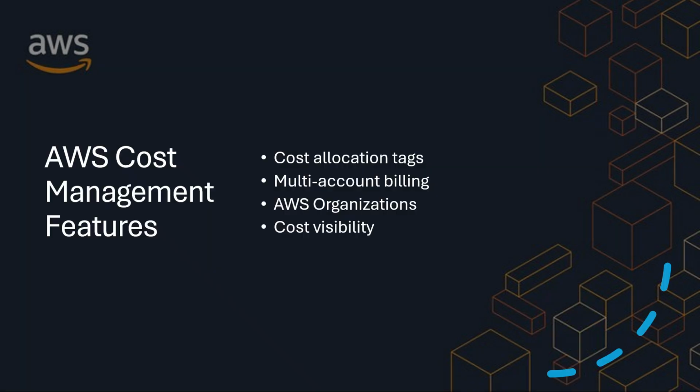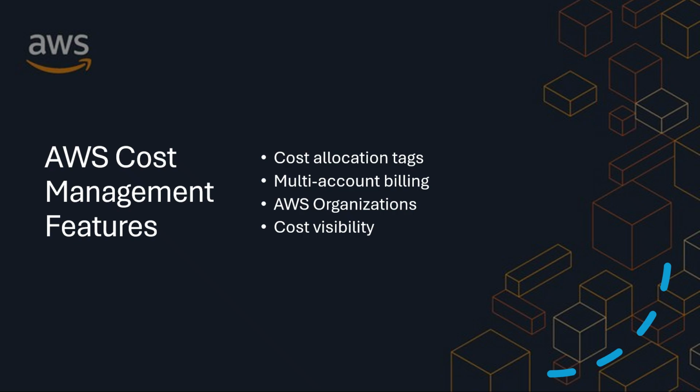Before we optimize the compute cost, we must have proper cost visibility. AWS provides cost allocation tags, which help you identify exactly which workload, team, or environment is consuming compute resources. These tags become essential when analyzing EC2, ECS, EKS, or Lambda usage.